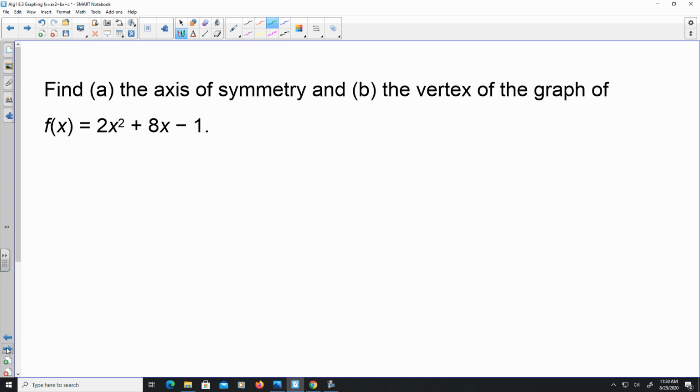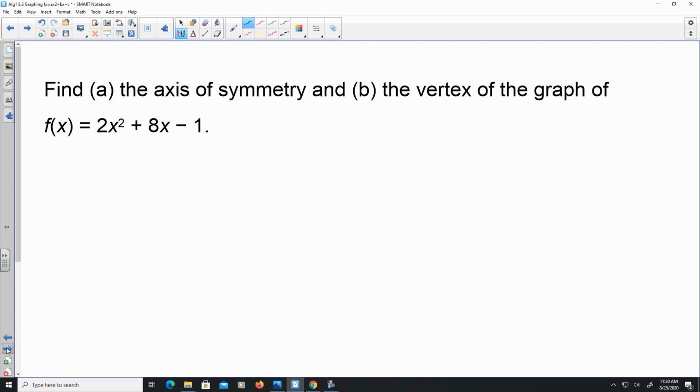first off, they're asking us to find the axis of symmetry and the vertex of the graph f of x equals 2x squared plus 8x minus 1.